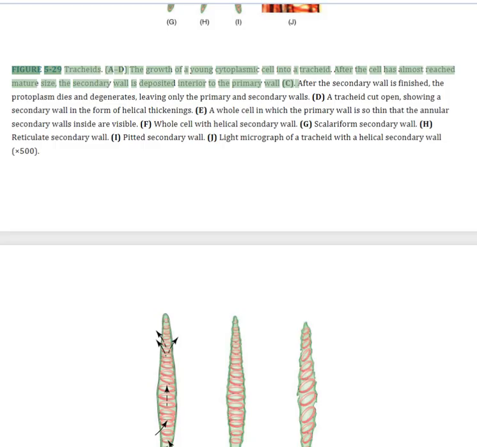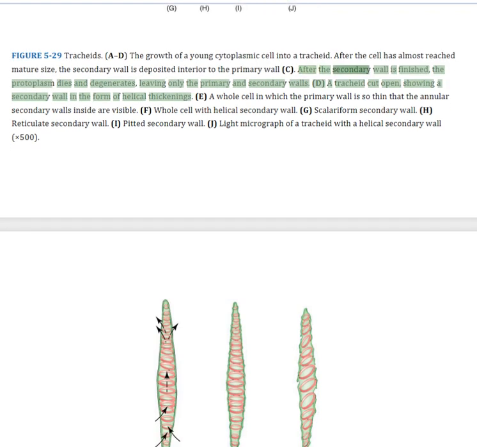Figure 5.29, tracheids. The growth of a young cytoplasmic cell into a tracheid. After the cell has almost reached mature size, the secondary wall is deposited interior to the primary wall. After the secondary wall is finished, the protoplasm dies and degenerates, leaving only the primary and secondary walls.